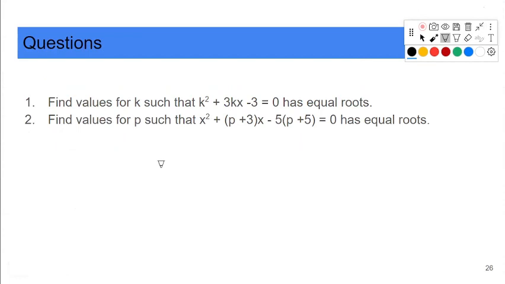Okay, so we have slightly harder questions here. Find values for k such that k squared plus 3kx minus 3 equals 0 has equal roots. So just remember, what does having equal roots mean?